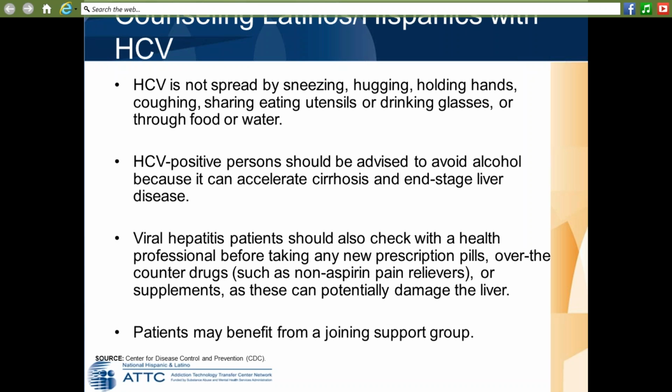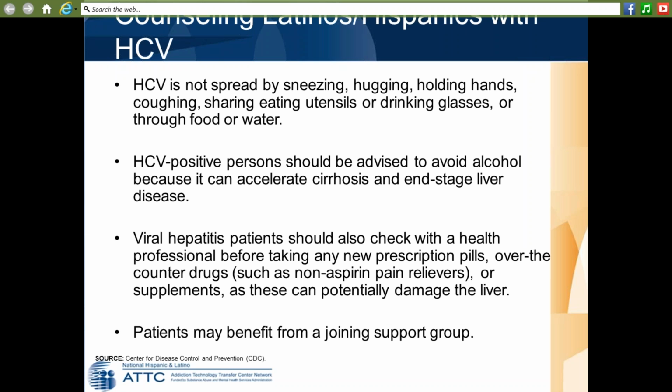And so, you know, to some of us this might be straightforward, but just know that some of the folks that we're working with might not have that information. More importantly, there are a lot of myths and a lot of misconceptions out there regarding HCV and transmission, and so we need to make sure that we cover these in detail with folks.